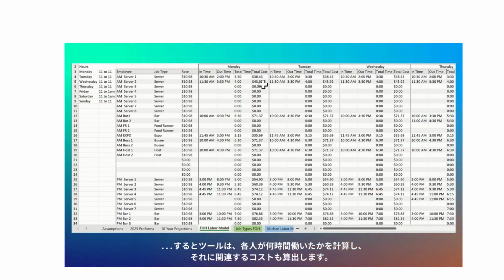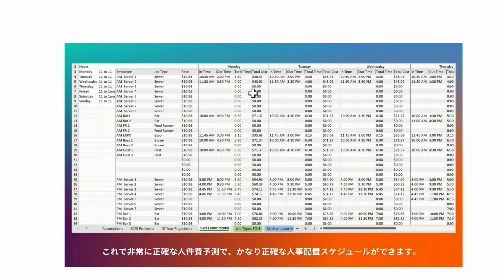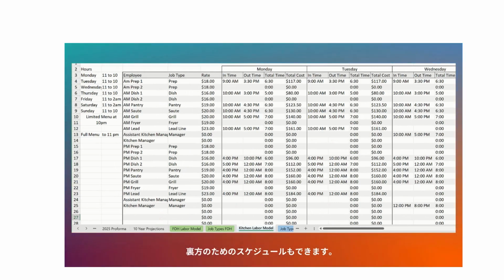And the tool will then calculate how many hours each person has worked and then also what that cost is associated with that. And that gives us a pretty accurate labor schedule with very accurate labor costing predictions. We also have that for our kitchen labor.